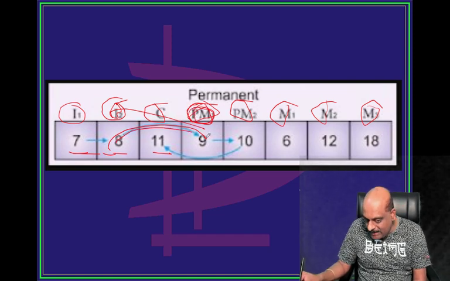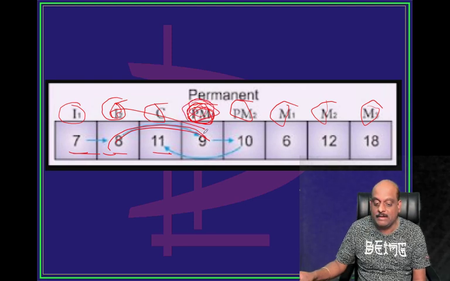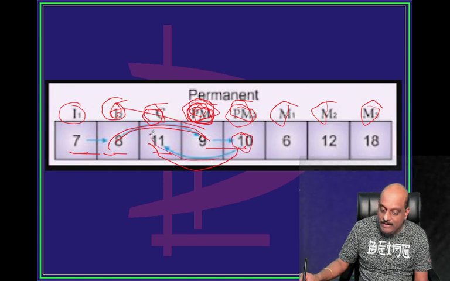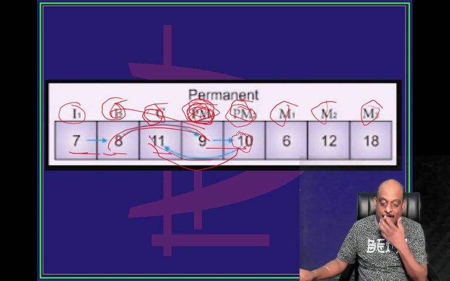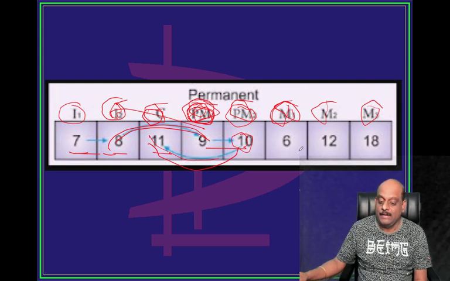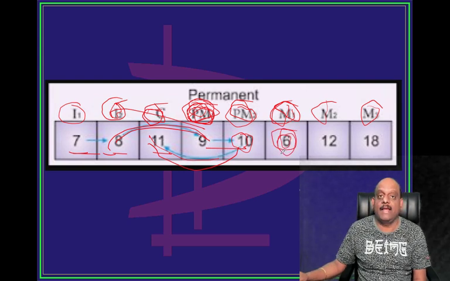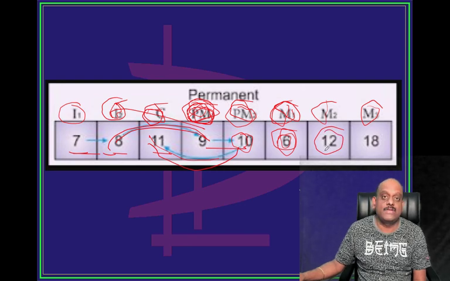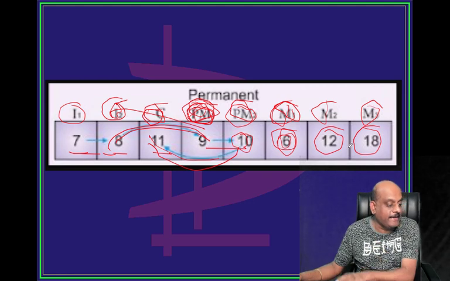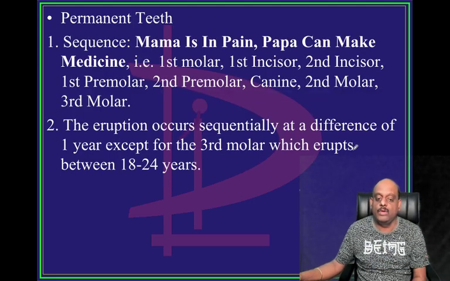So after the 8th year, at the 9th year you get the first premolar, then the second premolar by the 10th year, then the canine at the 11th year. The first to arise is the first molar, at the 6th year. Then the second molar at the 12th year and the third molar at the 18th year.